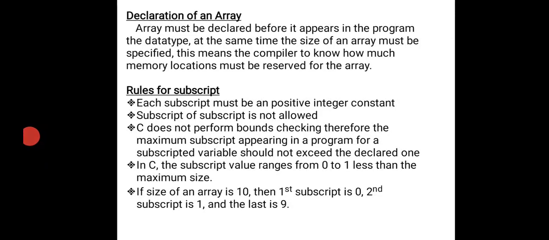In C, the subscript value ranges from 0 to 1 less than the maximum size. If the size of an array is 10, then the first subscript is 0, the second subscript is 1, and the last subscript is 9, because 0 is included.